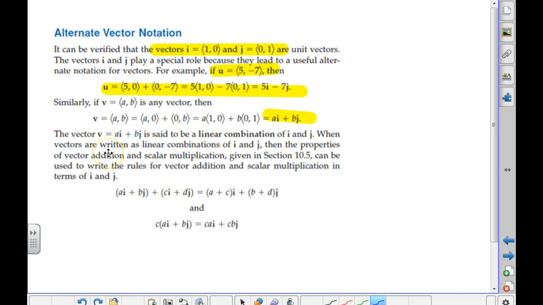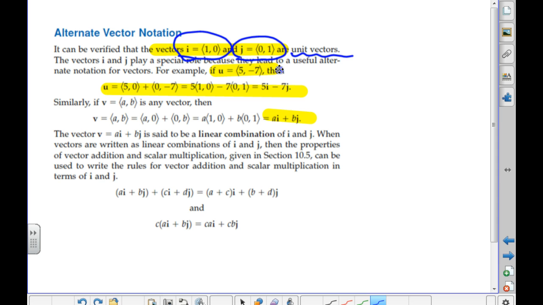You need to pay attention to this little 2-minute section here, or you're going to be confused in a minute, because I'm not going to do a lot with this. But vectors can be written in what are called unit vector form, where i is by definition any one unit in the positive x direction. j is any one unit in the positive y direction.